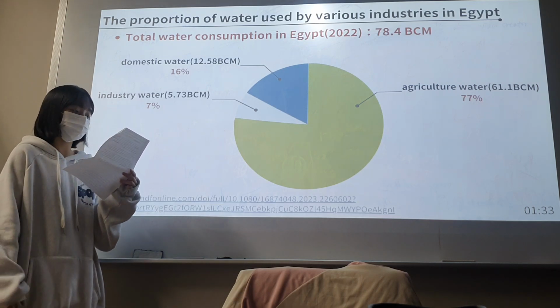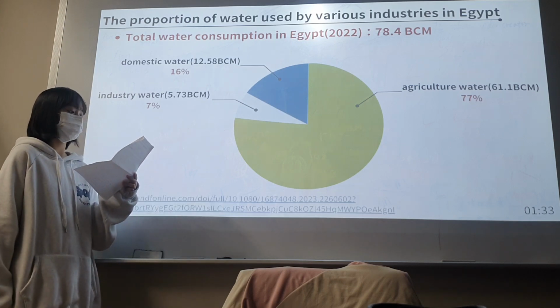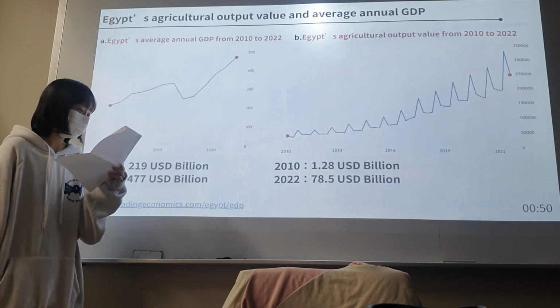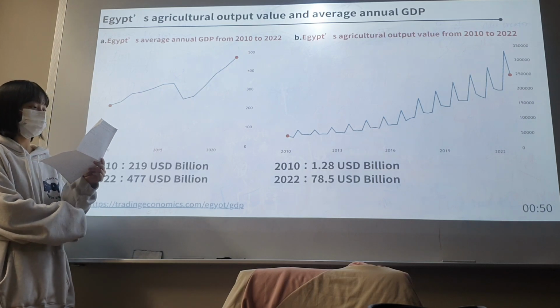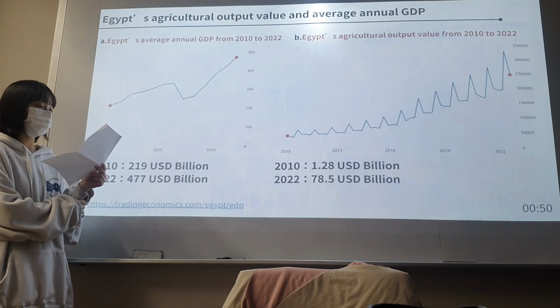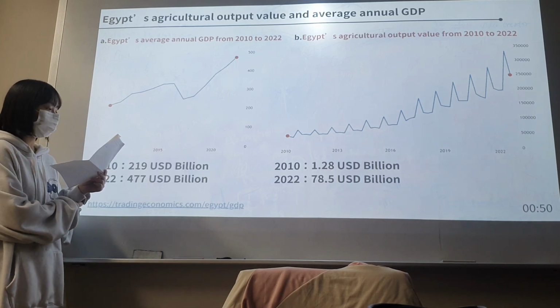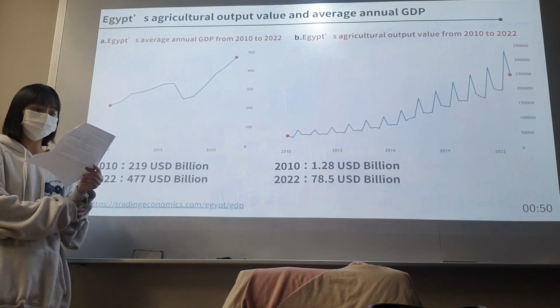we will now delve into agricultural output and Egypt's annual GDP. Chart A depicts Egypt's annual GDP from 2010 to 2022, while Chart B illustrates the growth in agricultural output during the same period.